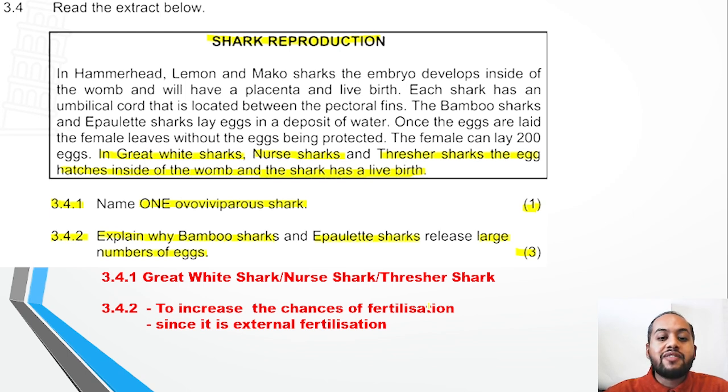When external fertilization occurs, it's easy for the eggs to go away and be lost. So if external fertilization is going to occur, it's easy for the eggs to be lost, so you want to release large numbers of eggs to increase the chances of fertilization, since the eggs or ovums may be lost.